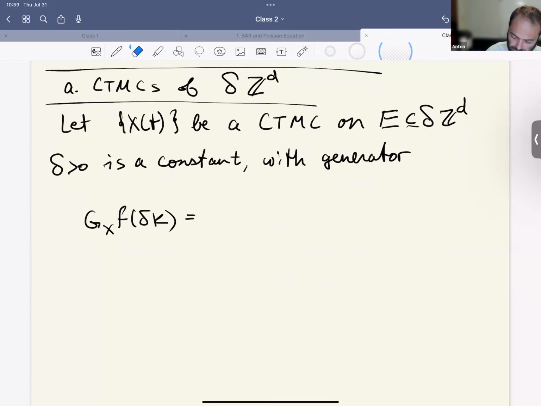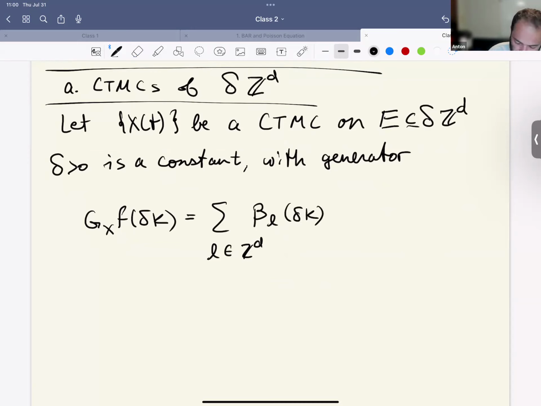Okay, but that's perhaps evident to people. So the generator, I'm going to sum over all possible values L, beta L at delta K. This is going to be the transition rate. So I'm just going to write it down and then I'll parse it.